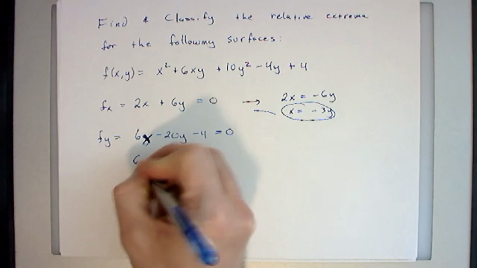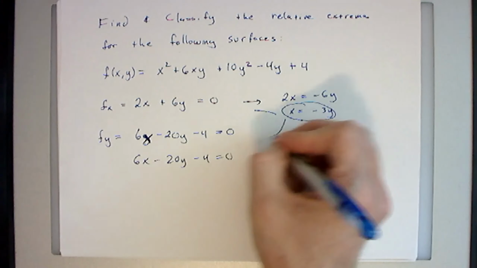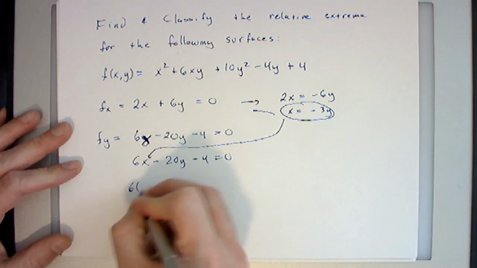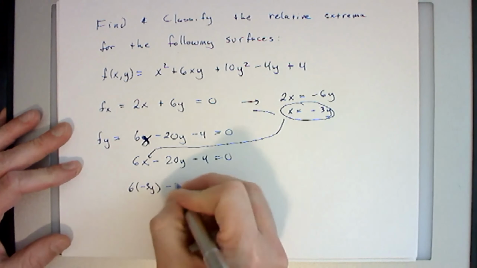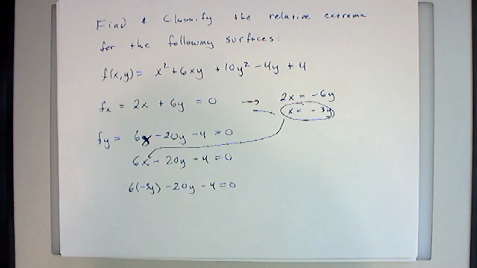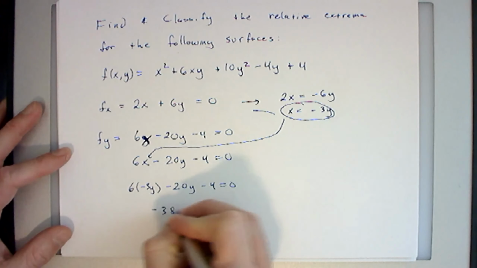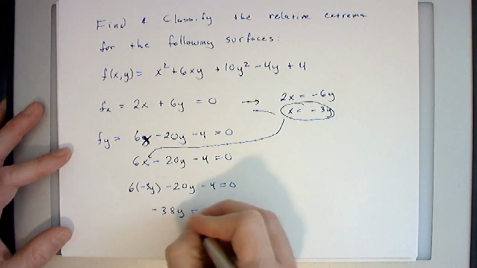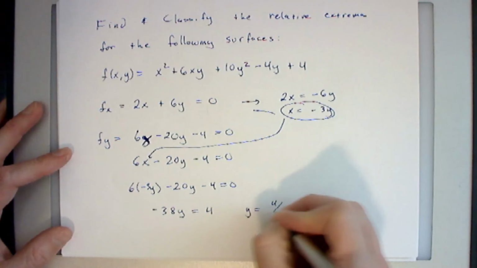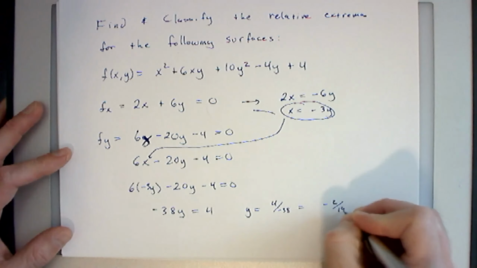This is 6x minus 20y minus 4 equals 0. And then I'm going to plug in x equal to negative 3y. So we get 6 times negative 3y minus 20y minus 4 equals 0. Now I'm going to solve for y. So negative 18y minus 20y is negative 38y equal to positive 4. So y is going to equal 4 over negative 38, which is negative 2 over 19.